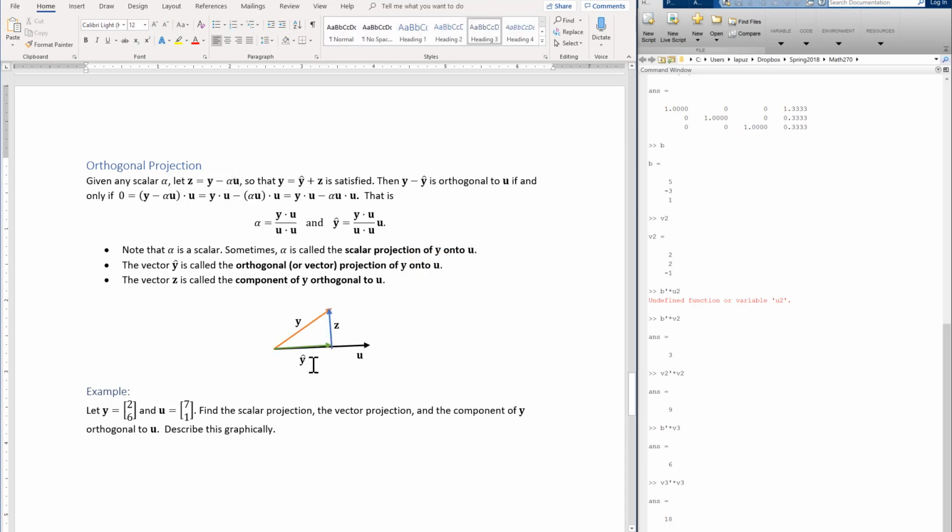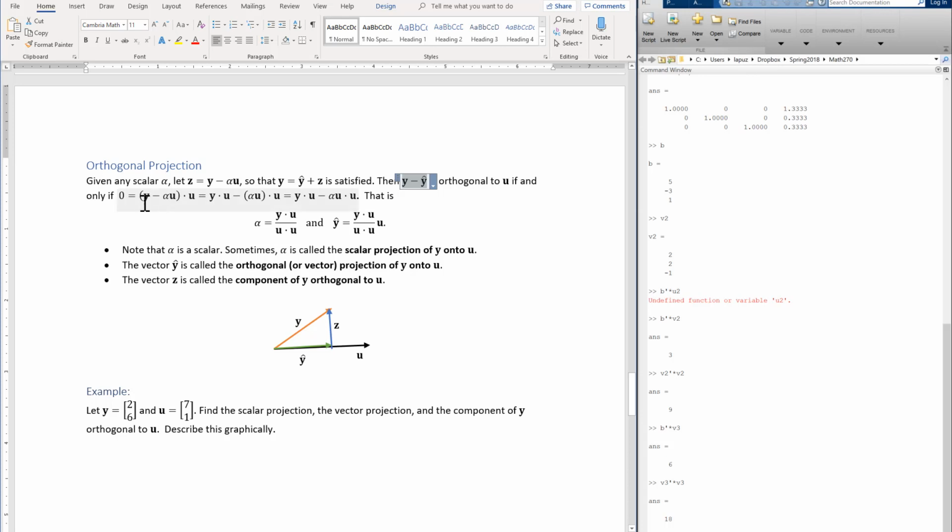So y hat is alpha times u that's been scaled, and z is going to be a vector now going from y hat to y, so that z is actually equal to y minus y hat, so that z is perpendicular to u.